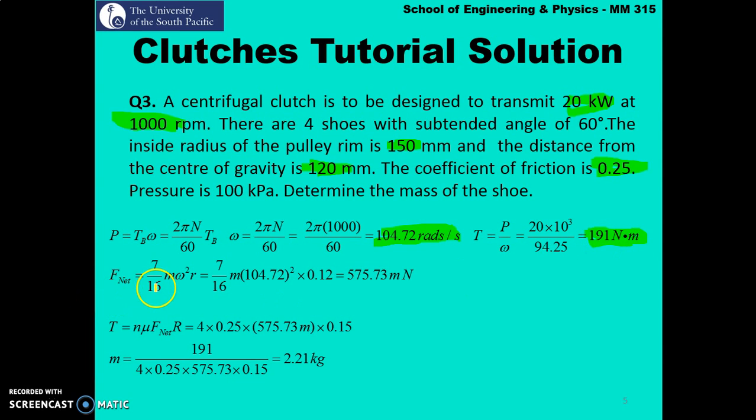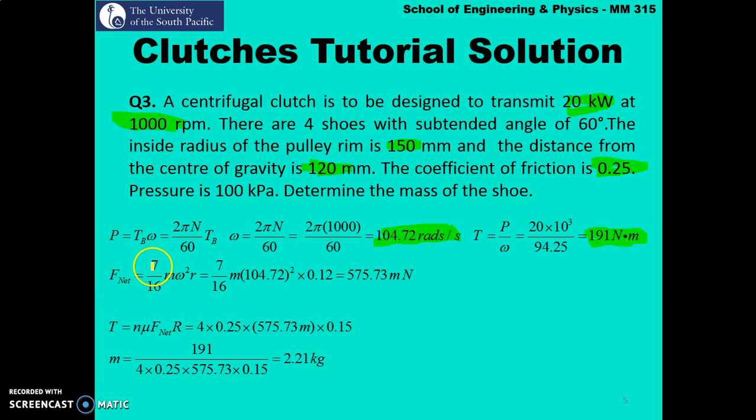Now the next thing that we need to calculate is the net force acting on the shoe of the centrifugal clutch. This F net is again from your lecture notes. Your net force is simply the centrifugal force minus the spring force, because all of the shoes are attached to the spring.